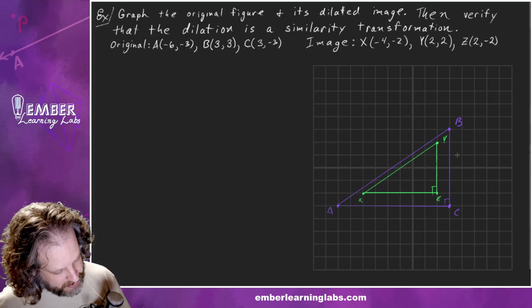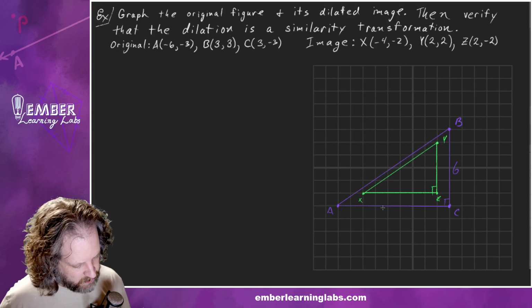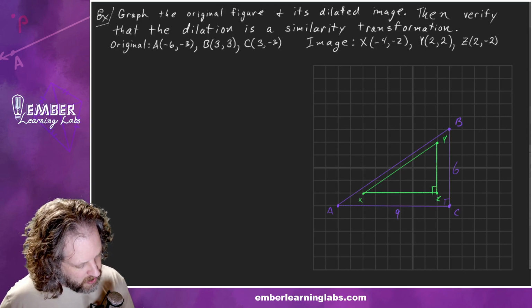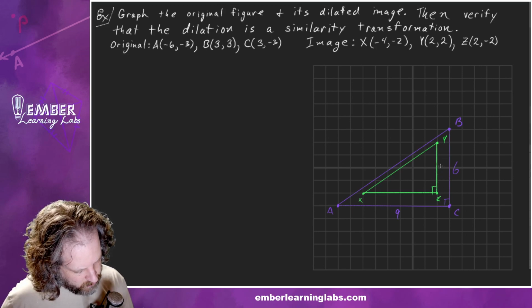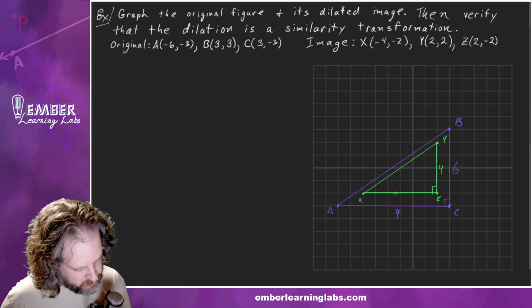So we're going to do BC, which is how long? Let's see, 1, 2, 3, 4, 5, 6. So this is 6. And then AC, 1, 2, 3, 4, 5, 6, 7, 8, 9. Right? And then YZ, 1, 2, 3, 4, 4. And XZ, 1, 2, 3, 4, 5, 6.